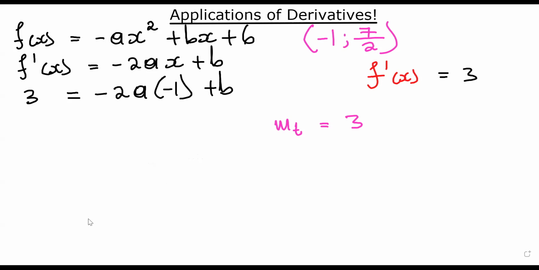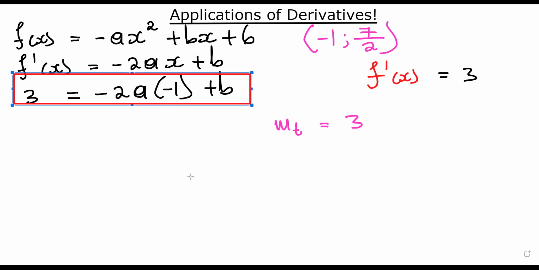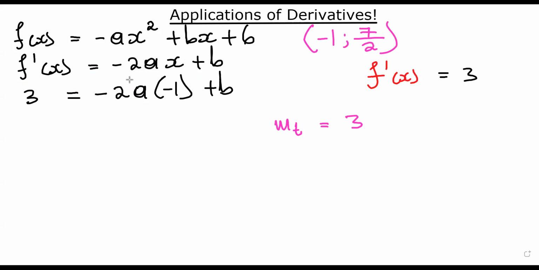So what do we realize? Well, we have a single equation, yes, but this one equation has two unknown variables. And immediately what crosses our minds is to use simultaneous equations.